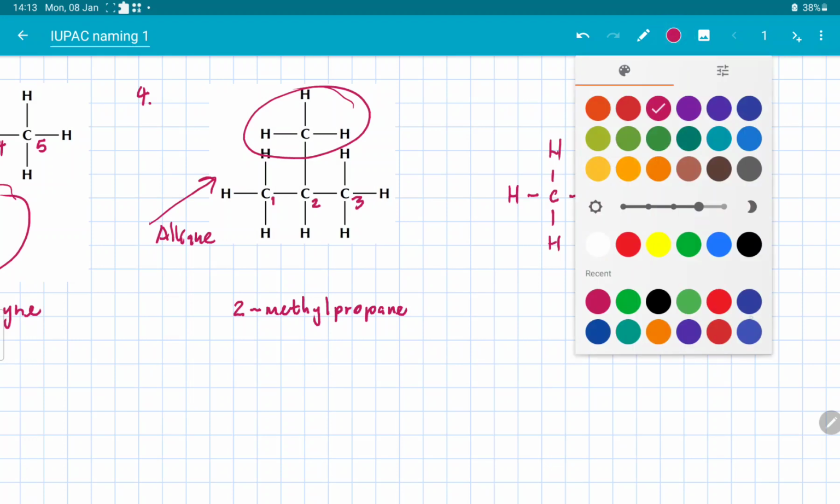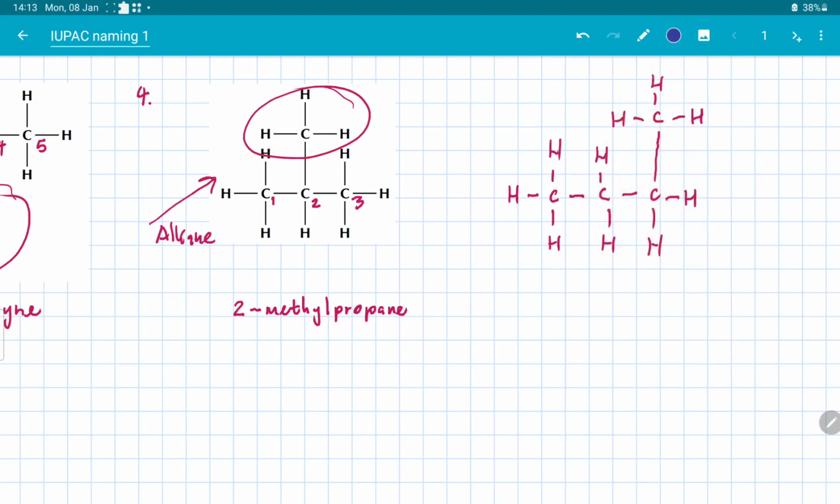If you look at this molecule, I can start here and say 1, 2, 3, 4. Because I counted continuously here, we can't say methyl. Very important. And even if I start from the top, notice I'm going to say 1, 2, 3, 4.